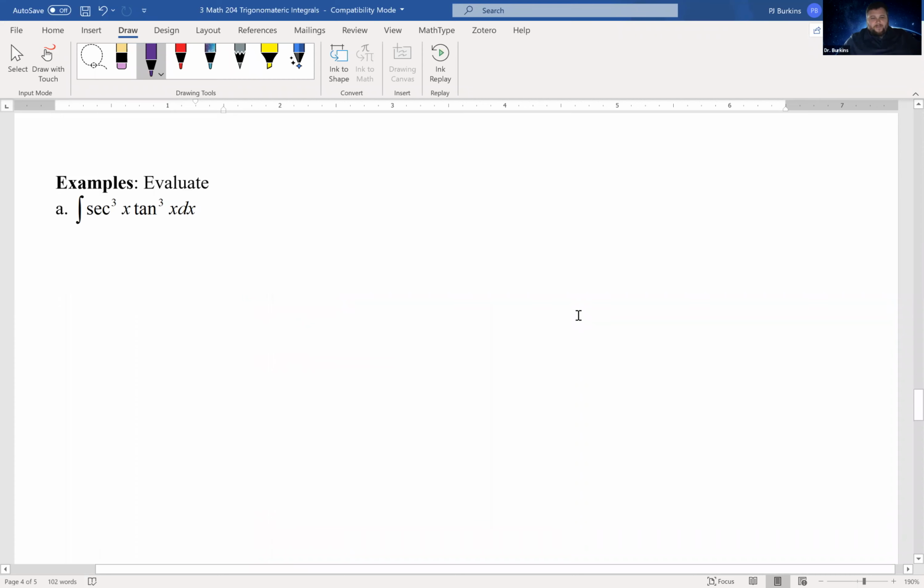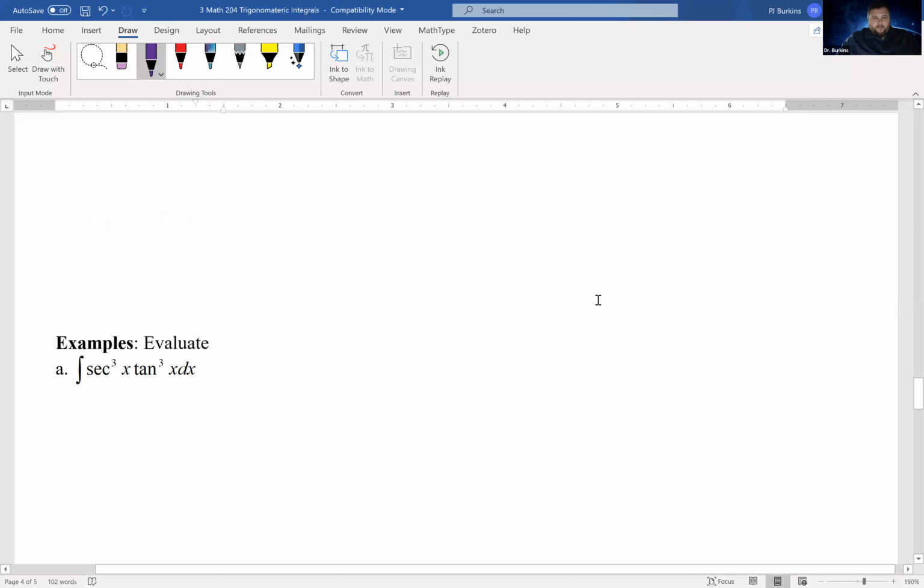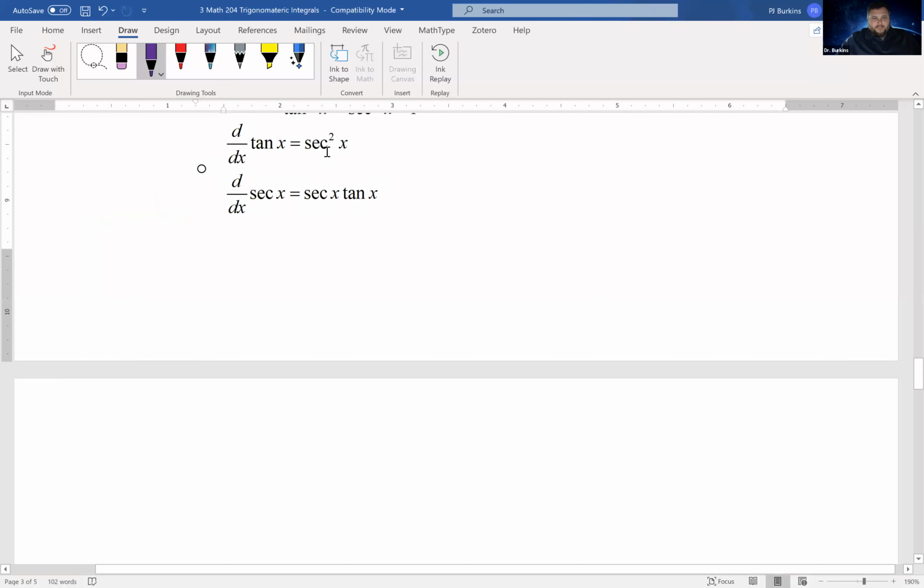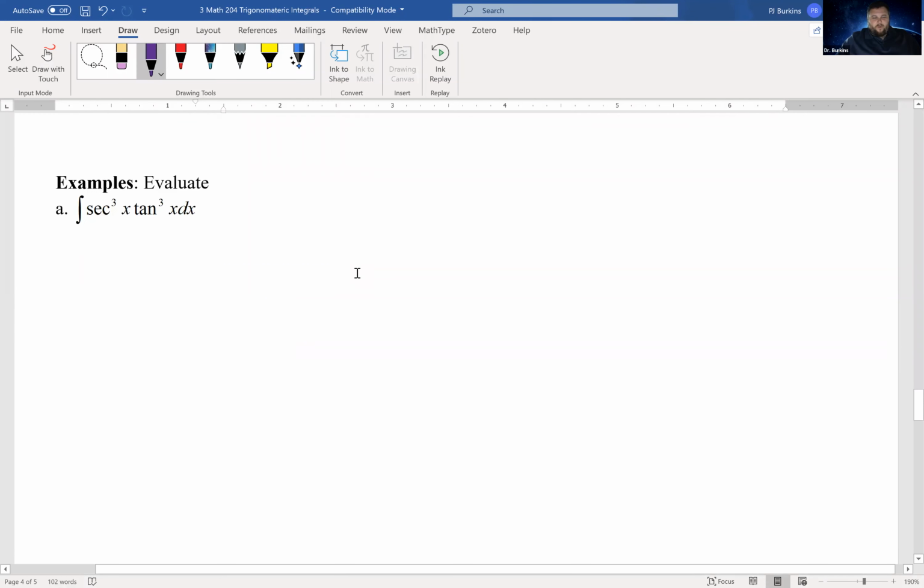So again, let me demonstrate with this one. I've got secant cubed, tan cubed. As I said, we could break off either a secant squared or a secant tan. I'm actually going to do this the wrong way to show you why it's a good choice to do it the other way. So I'm going to break off a secant squared.